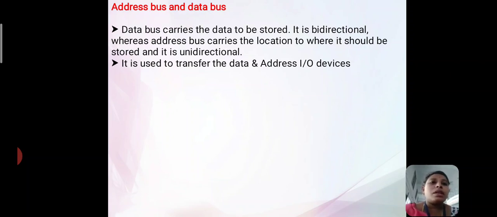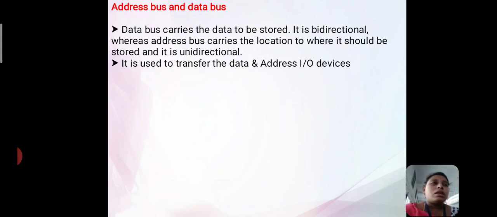Next, address bus and data bus. The data bus carries the data to be stored, and it is bidirectional, whereas the address bus carries the location where the data is stored, and it is unidirectional. Here there are two buses, the address bus and the data bus.